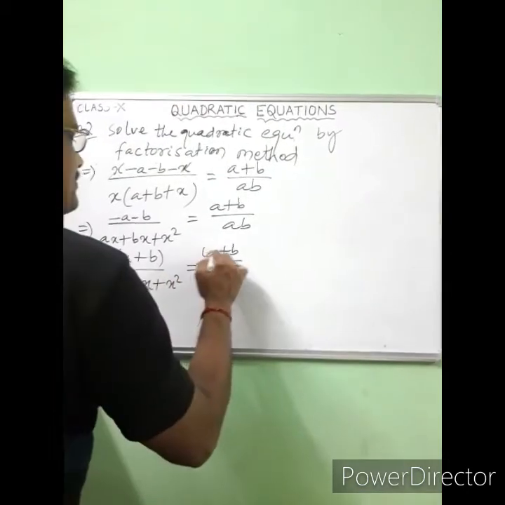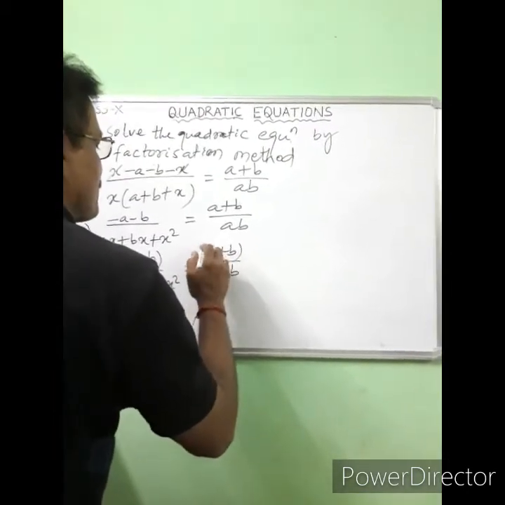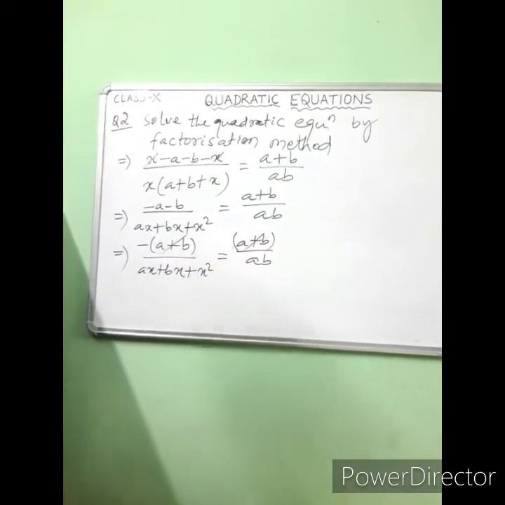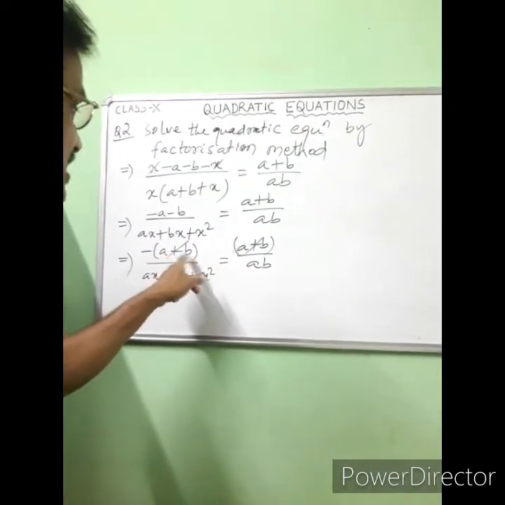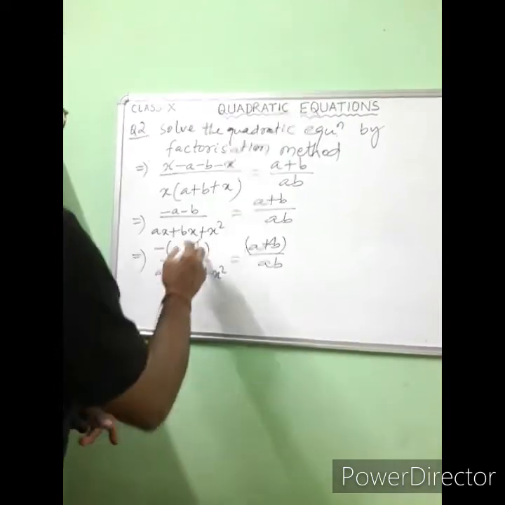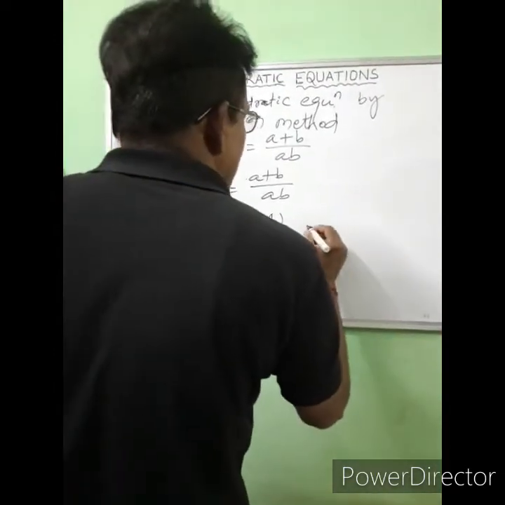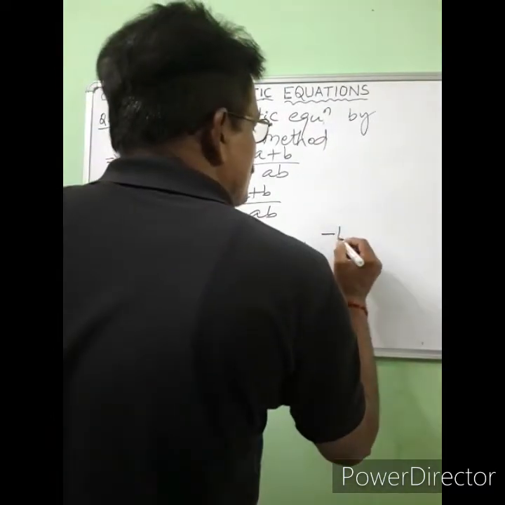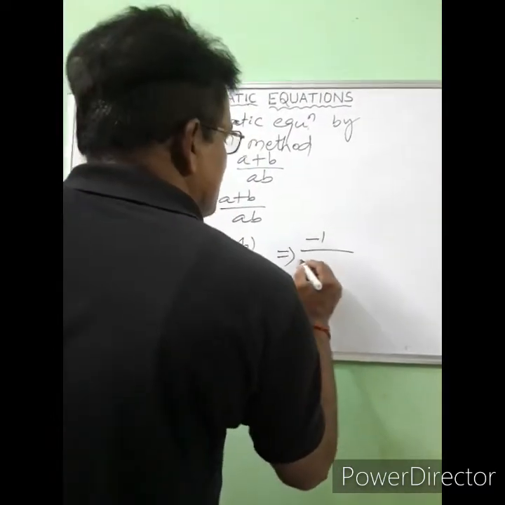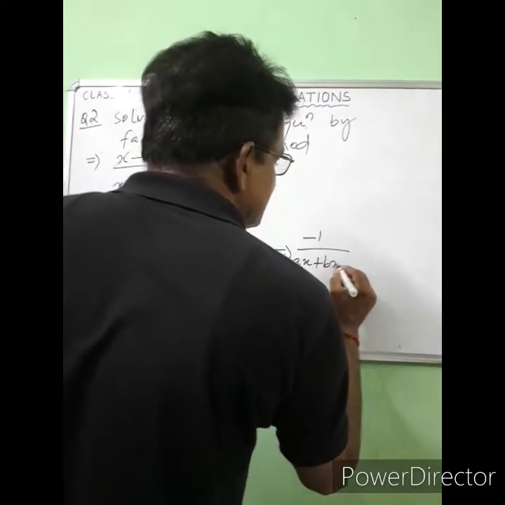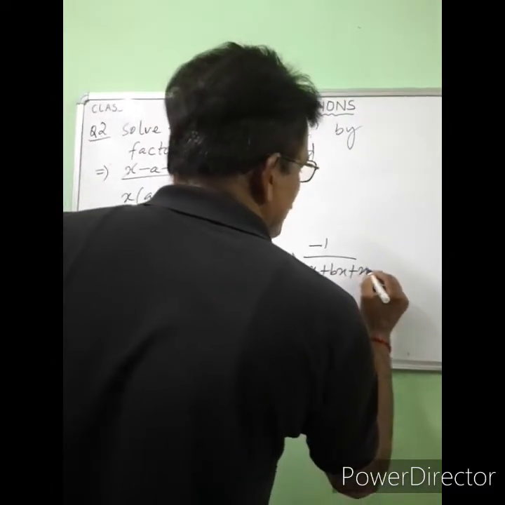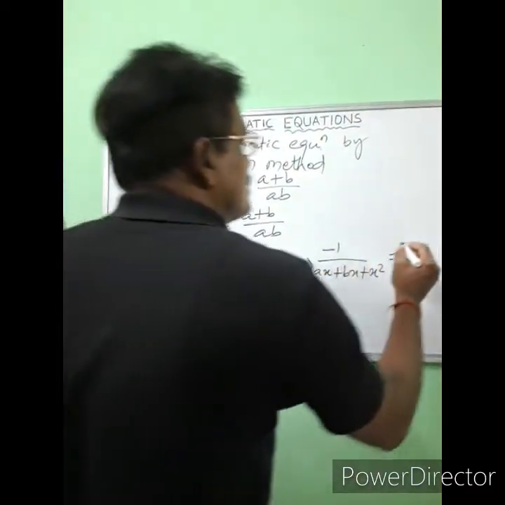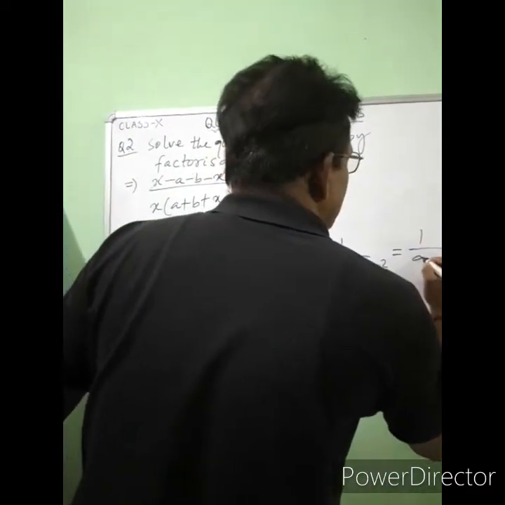Now here ab will cancel, and a plus b will cancel. Clear? So that implies minus 1 by (ax plus bx plus x square) is equal to plus 1 by ab.